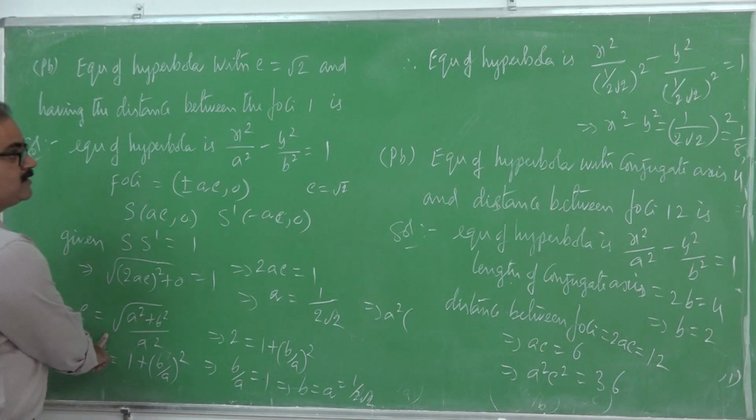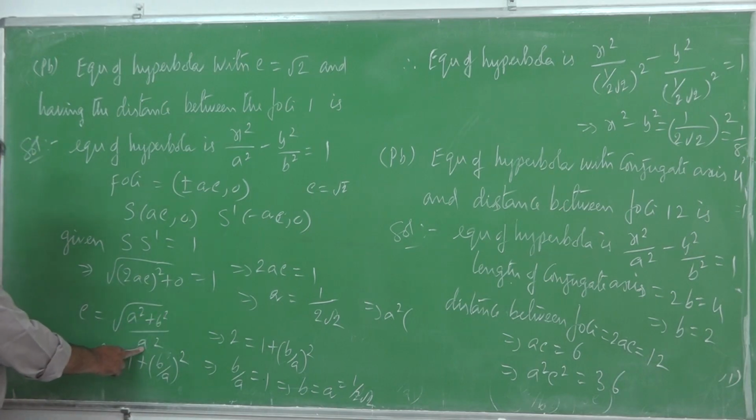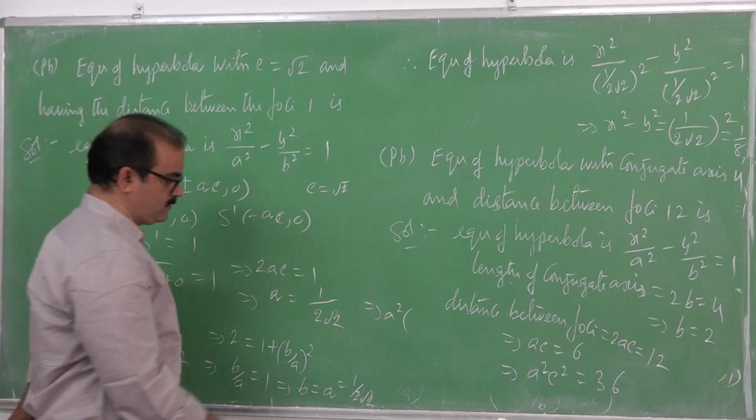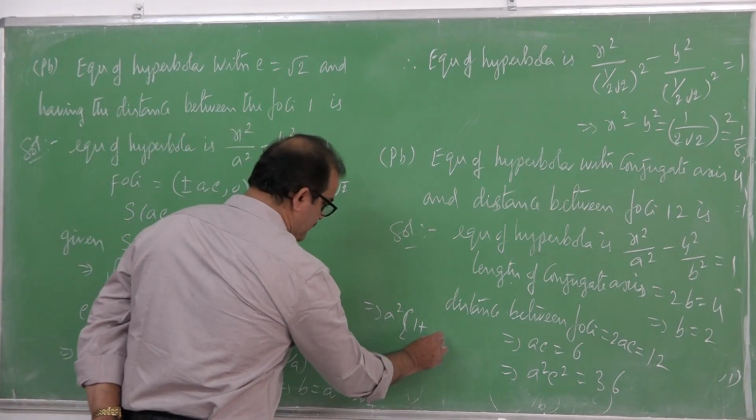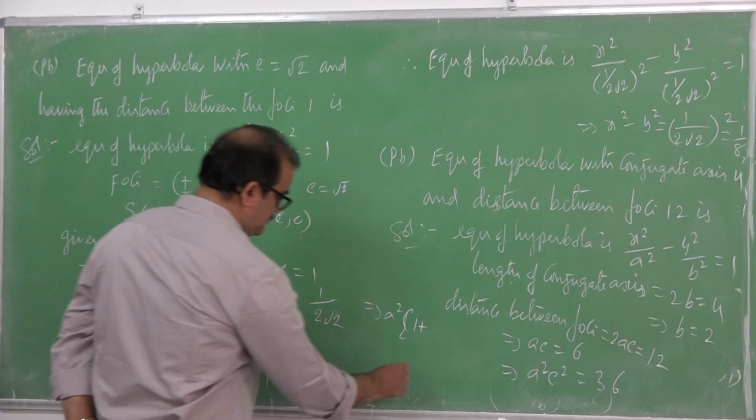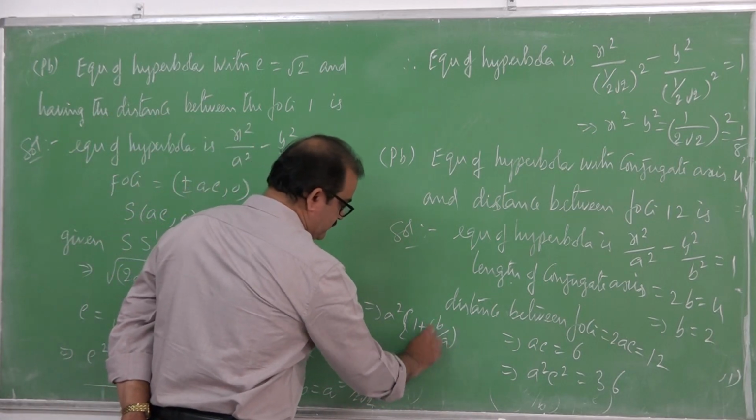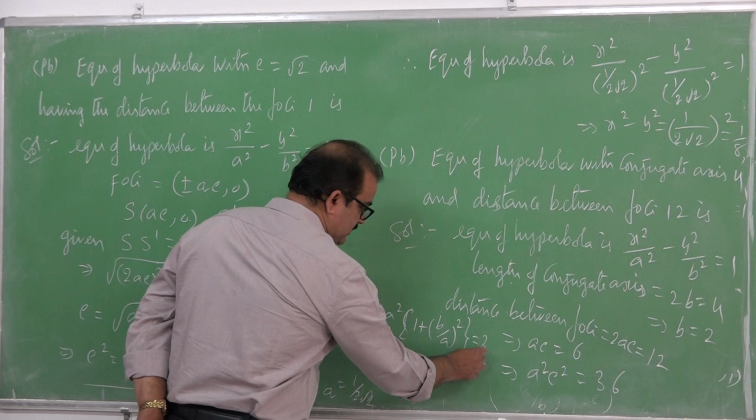What is the formula? e is root of (a square plus b square) by a square. Squaring on both sides, e square is 1 plus b by a whole square. So a square into (1 plus b by a whole square) is equal to 36.